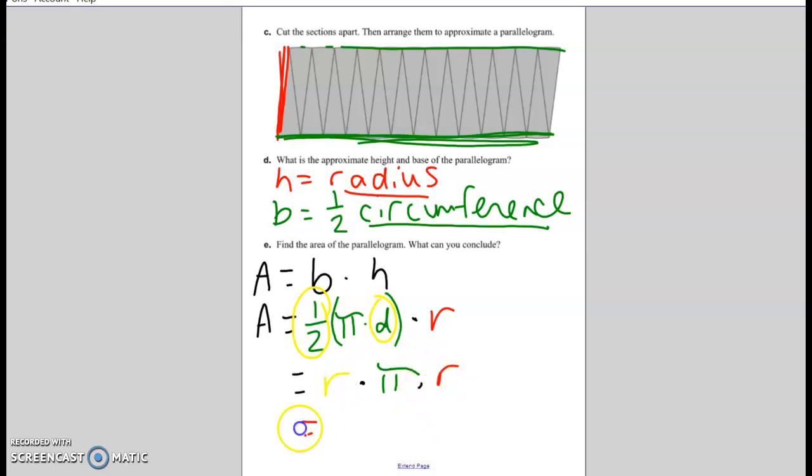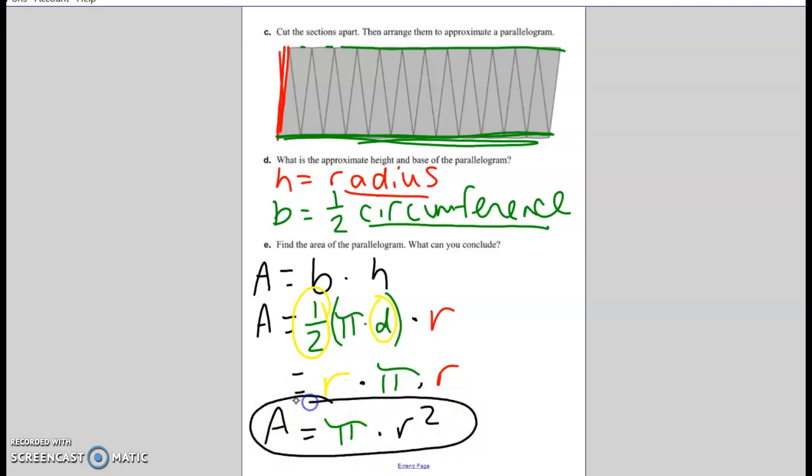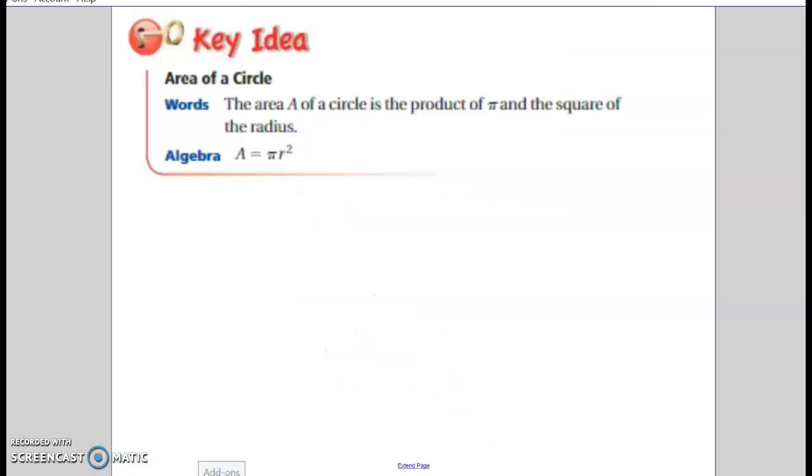Now if you multiply radius by itself twice, you can call that radius squared. But we're still multiplying by pi, so it's pi times radius squared. That, boys and girls, is how you calculate the area of a circle. Bringing us over to now our lesson for the day.